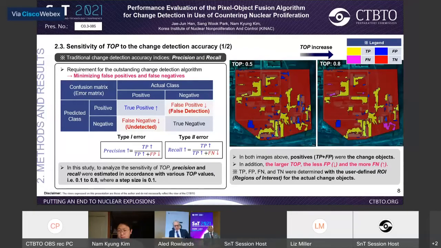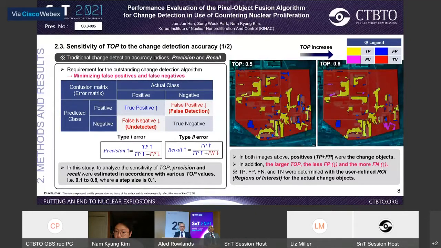Then, the figures on the right side represent accuracy assessment results with 0.5 and 0.8 of TOP values qualitatively. In both images above, positives were the change objects. In addition, the larger the TOP, the fewer false positives and the more false negatives.